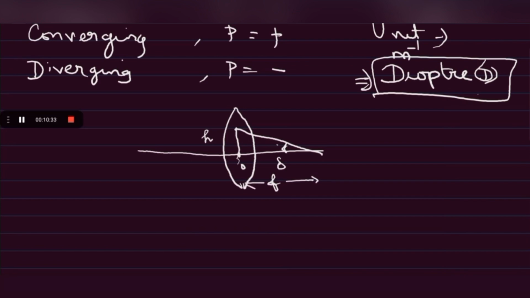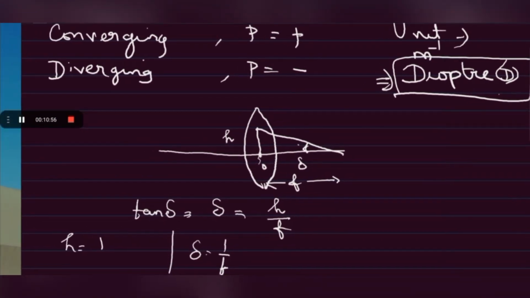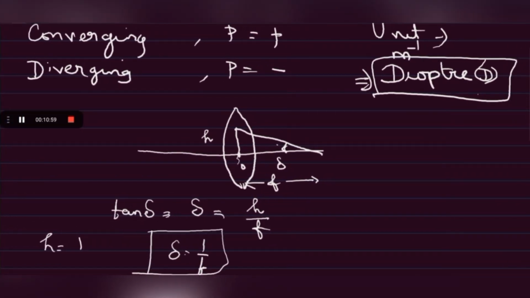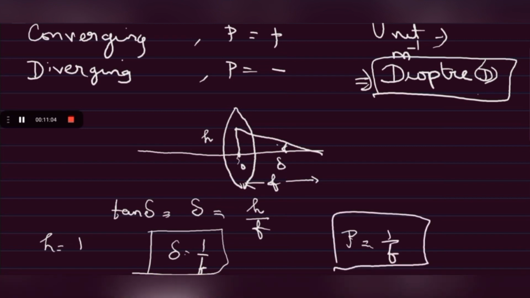From the diagram, tan delta, which for small angles can be approximated as delta, is opposite side by adjacent side, which is h by f. Take h as always 1 for the approximation, so delta is equal to 1 by f. This delta, the ability of convergence, is your power, which is the reciprocal of the focal length.